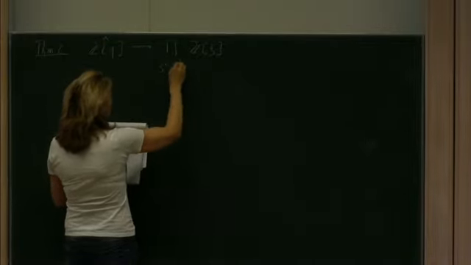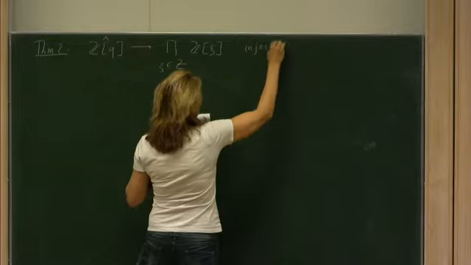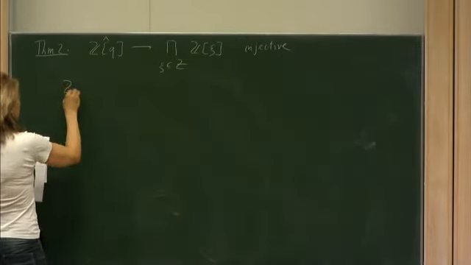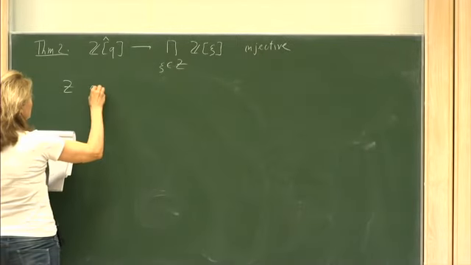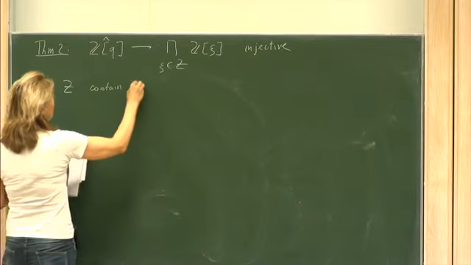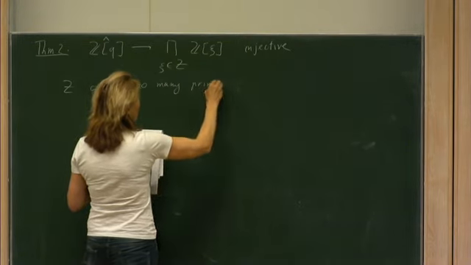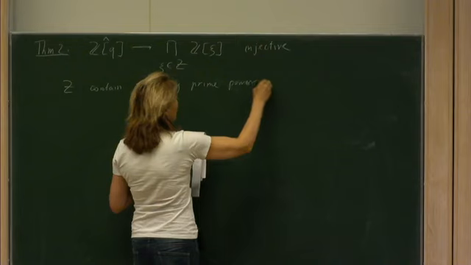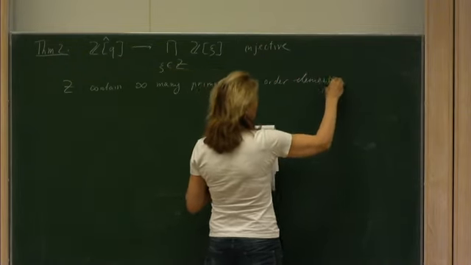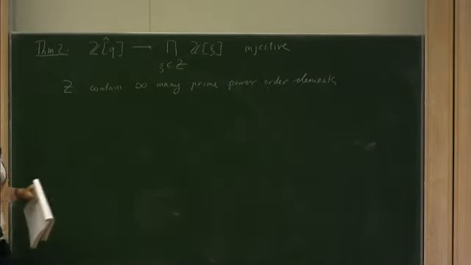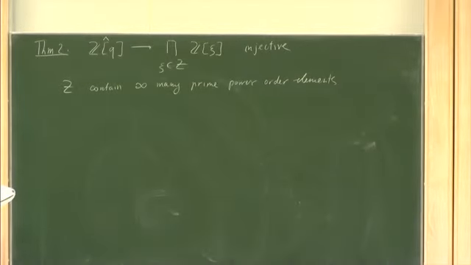But the interesting thing is that I still have an injective map if I take any set Z of roots of unity which contains infinitely many elements of prime power order. So these are two properties which I'll refer to later.